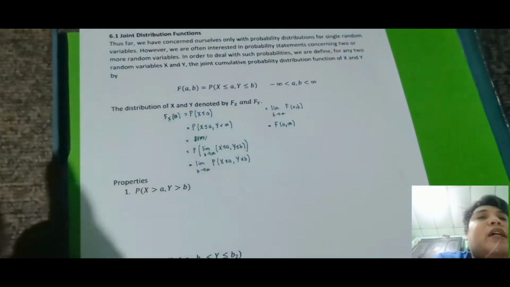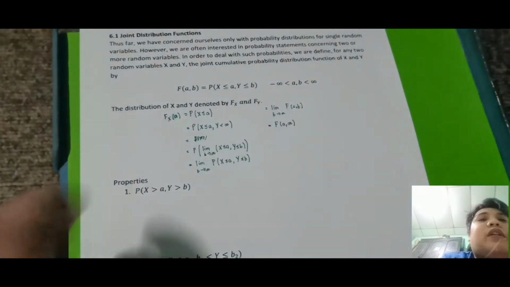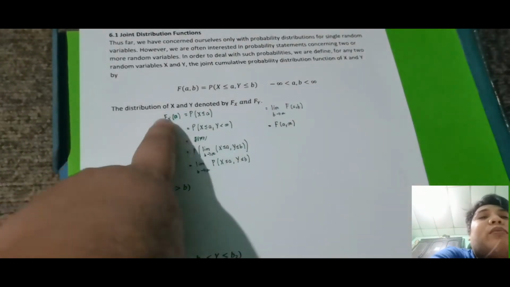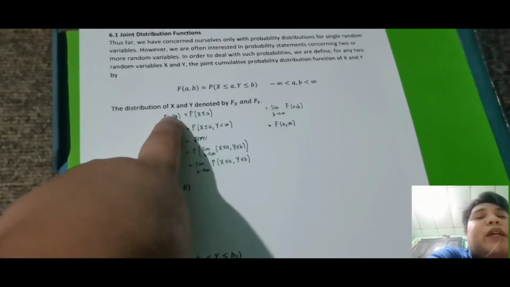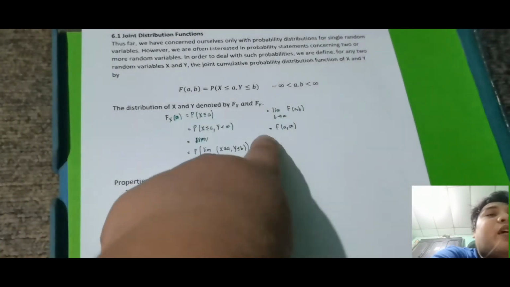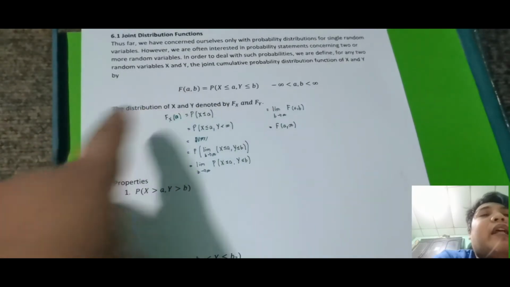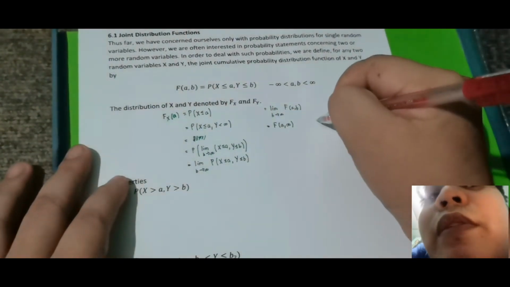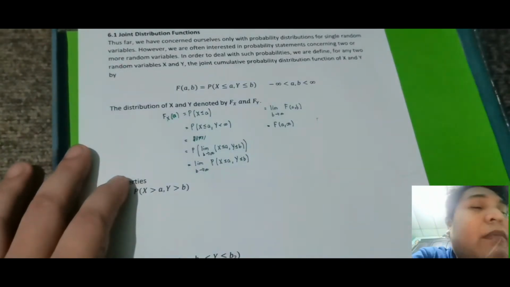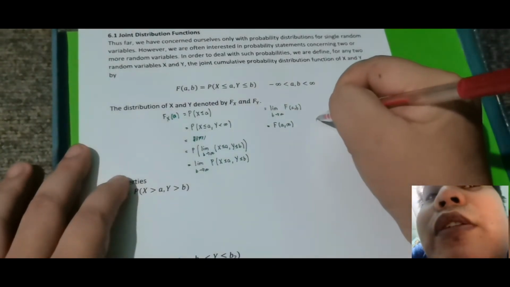Okay, so meaning in terms of joint distribution, ang probability on the distribution of X, whenever A yung element natin, is just equal sa F of A, comma, infinity. Okay, so similar case dun sa ating F sub Y. Hindi ko na isa-solve, pakita ko na lang yung magiging result.